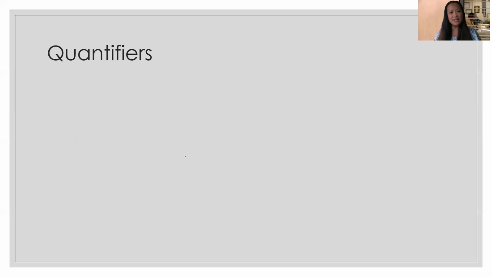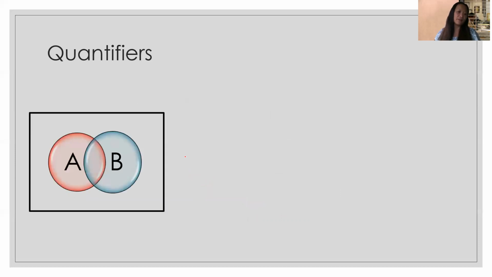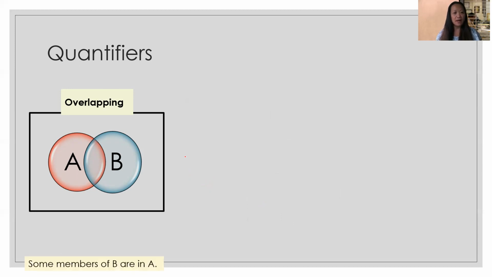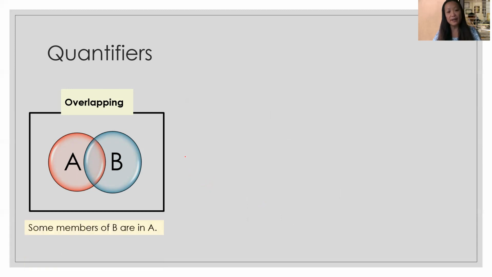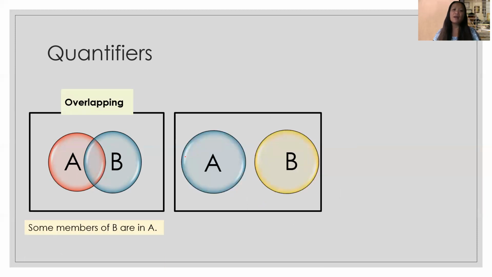Quantifiers. You've seen this before, right? What does that Venn diagram describe? The overlapping diagram means what? Some members of B are in A, okay? This one said none of A are in B, or none of B is in A. And that's what we call a disjoint set, okay?